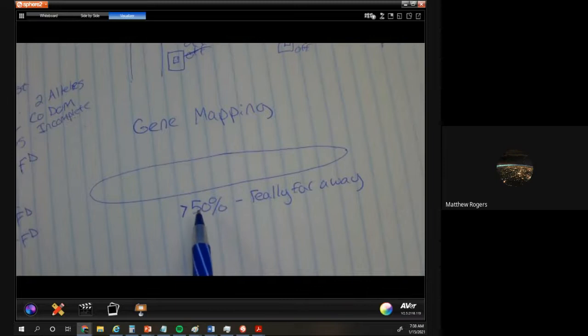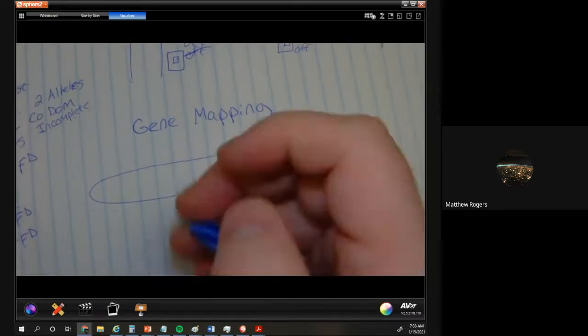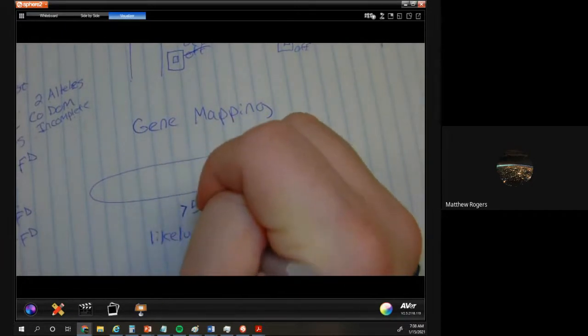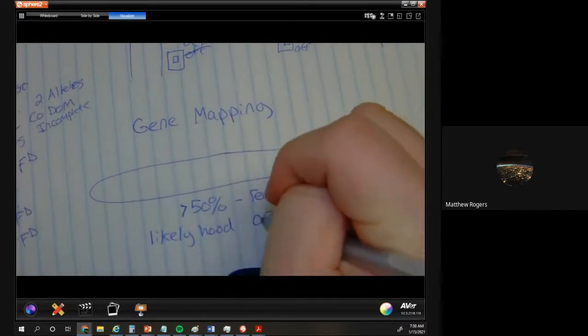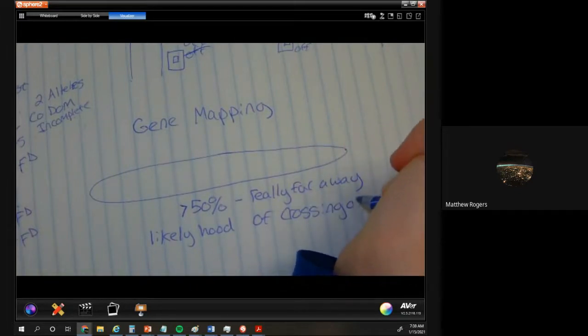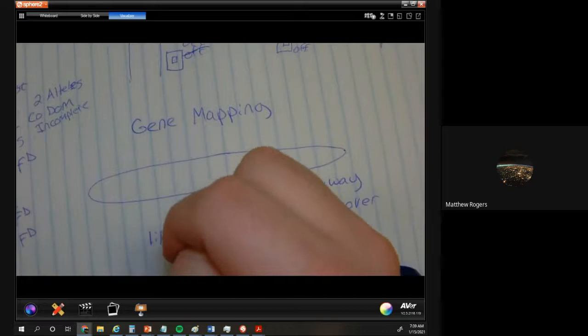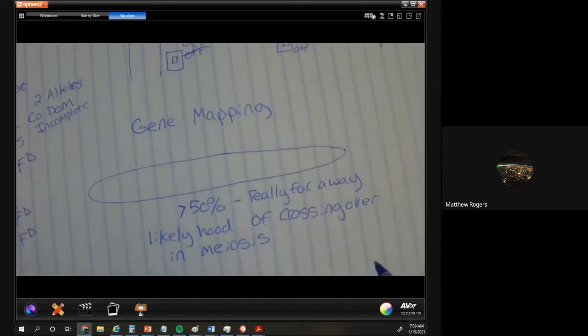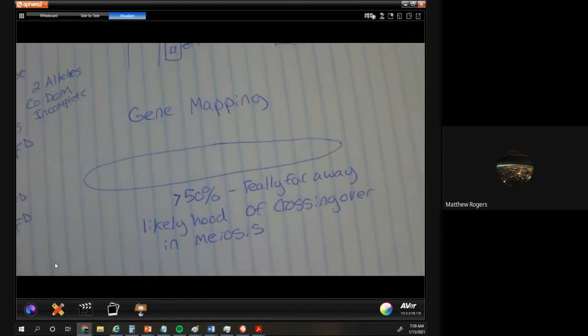Now, what these percentages mean is the likelihood of crossing over in meiosis. Okay, likelihood of crossing over in meiosis.